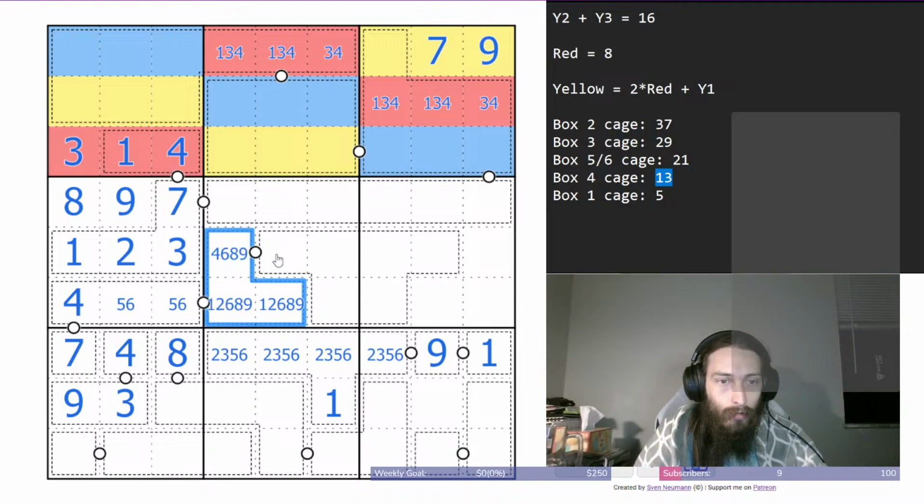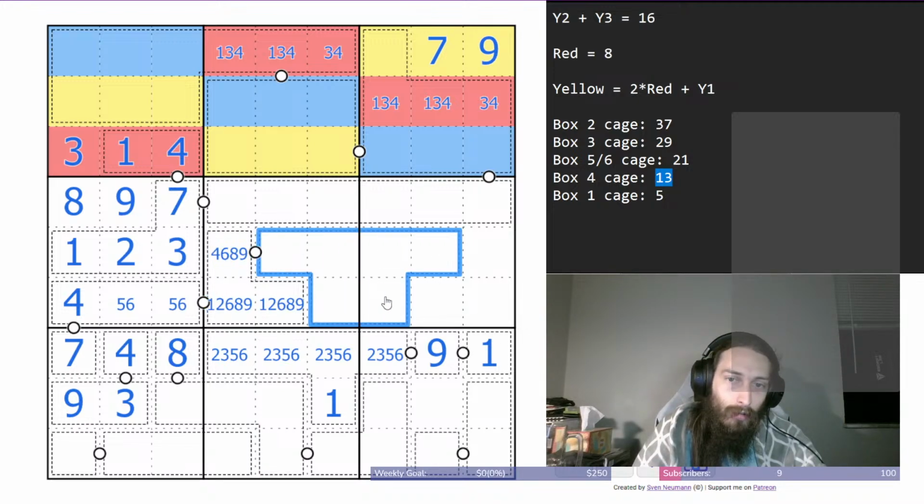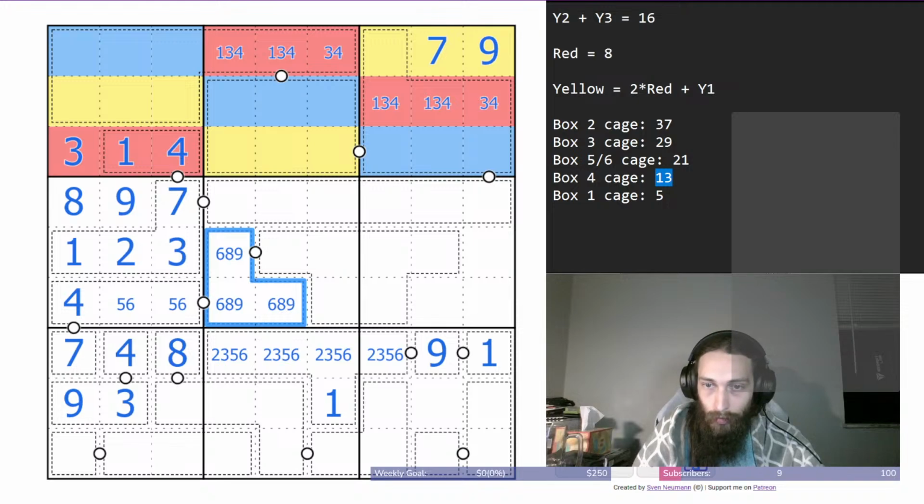And 7 plus 8 is 15, but this is minimum 21. So this has to be 23. Okay, and the 6 has to go on the top because of the 5, 6 pair.